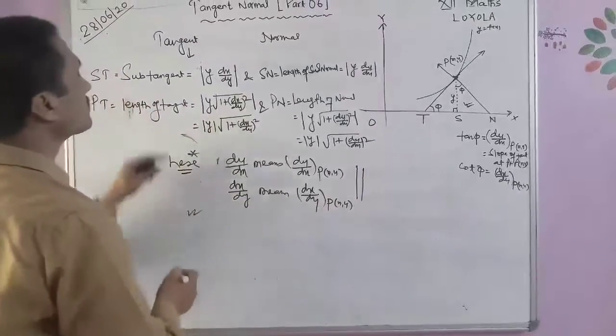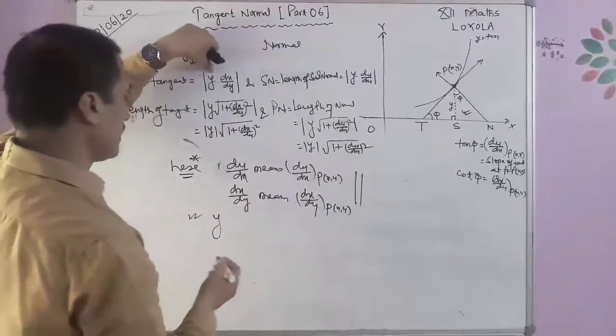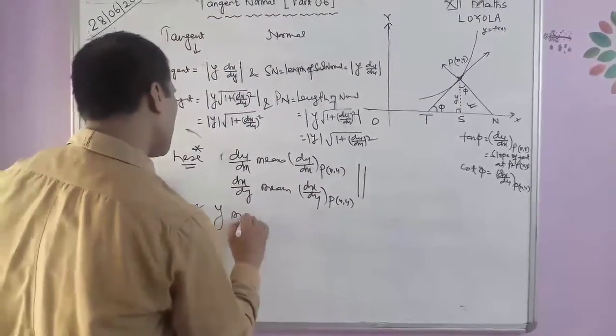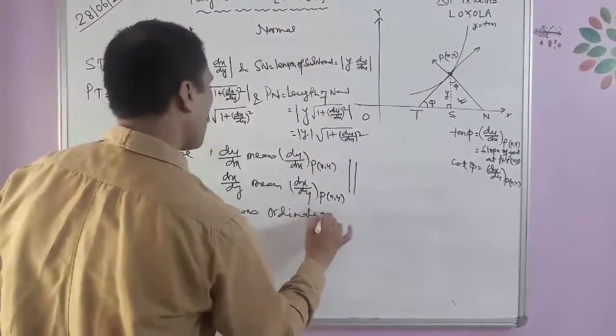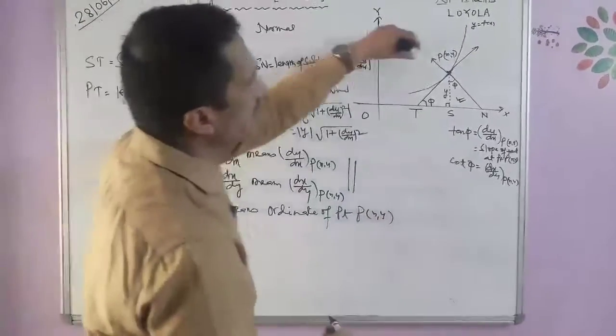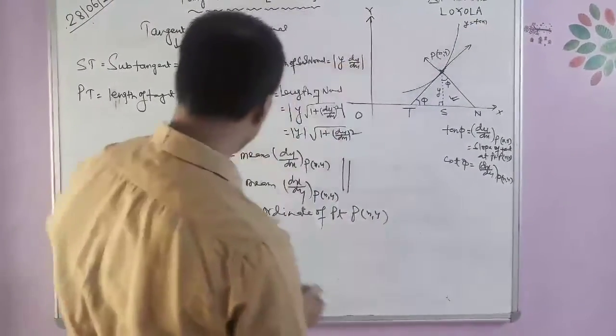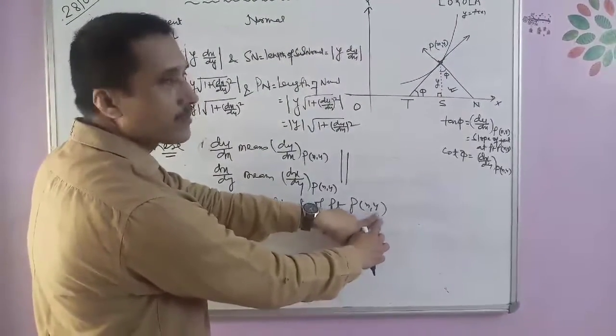Also, in all these formulas we use y. Y means the ordinate of point P(x, y). If we take point (x1, y1), then y means y1.